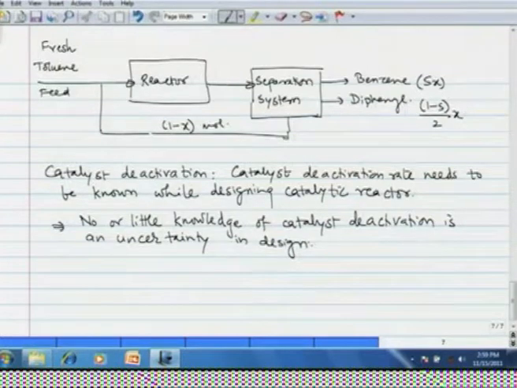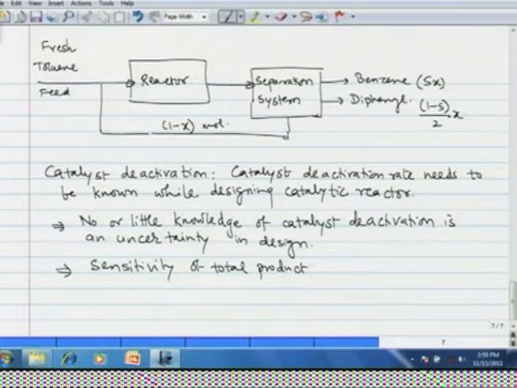Of course, when we are designing a process for the first time, there could be many uncertainties in the design, and therefore, we need to check the profitability or sensitivity of the total product cost for these uncertainties. The sensitivity of total product cost to the uncertainties in design needs to be known.